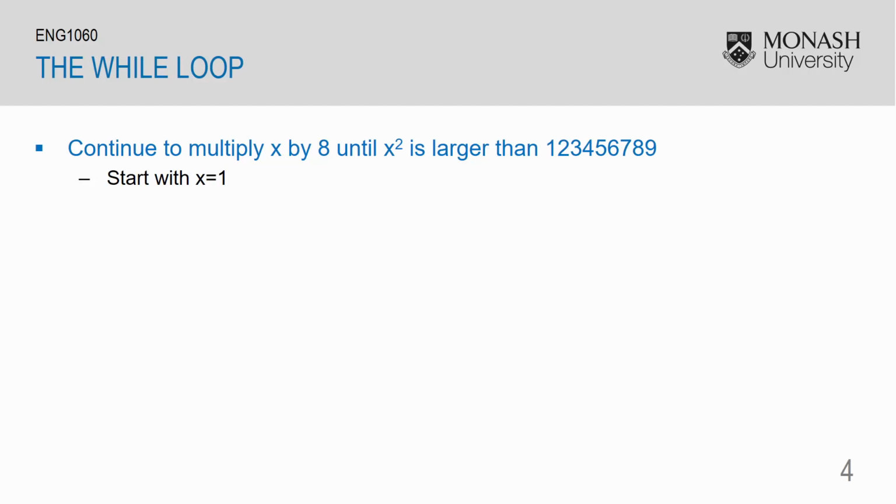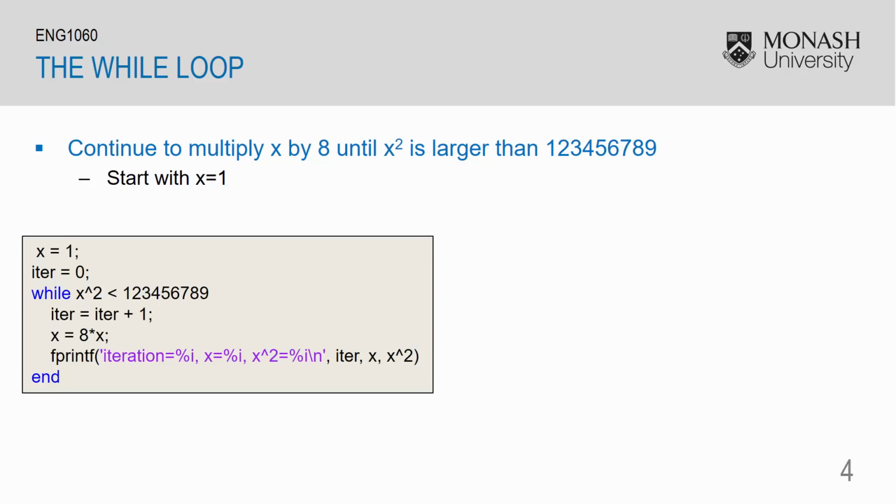As another example, we want to continue to multiply x by 8 until x squared is larger than a particular number, starting off with x equals 1. Here we have x equals 1. We have our iteration starting off with 0.